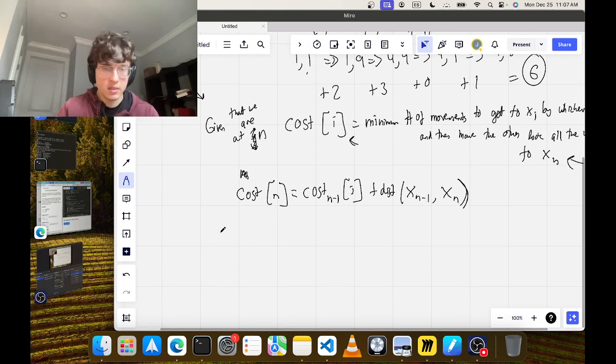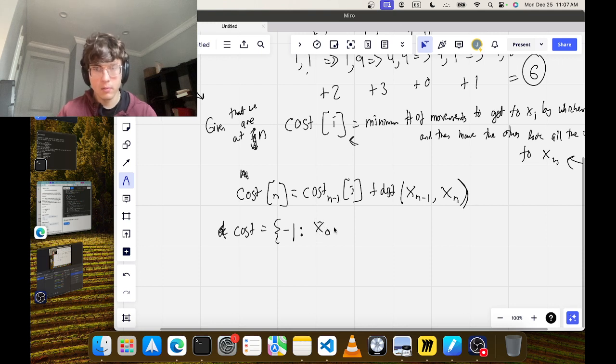So here's my dictionary. The cost dictionary will be a map between i and a cost. We fill it initially with -1, and then probably the distance between x0 and -1, not necessarily subtraction, distance.